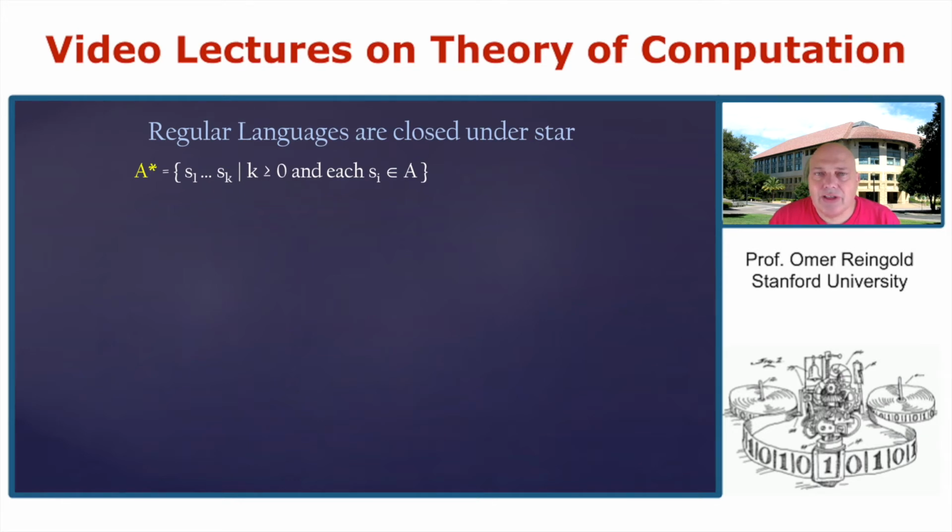So A star is all the words that can be viewed as a concatenation of S1 up to Sk, where k is larger or equal to 0, and each Si is in A. Now, again, I'm reminding you that k can be 0, in which case the empty string is the only string that you get from concatenating 0 strings. And therefore, the empty string is always in A star.